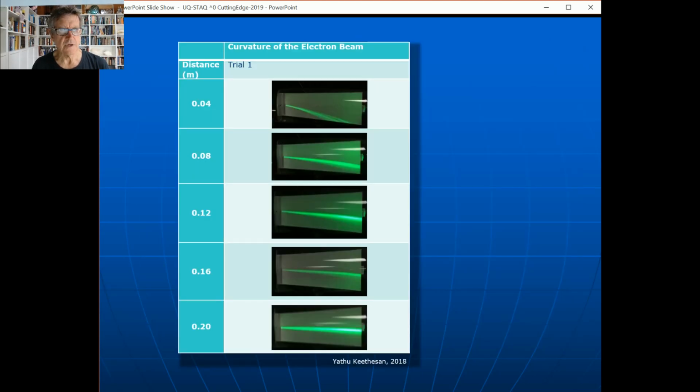Look, I just took a sample out of this girl's EEI at the time, and you can see as she makes the distance bigger from 4 centimeters to 20 centimeters, the amount of curvature gets less. So you can see a big curve here.